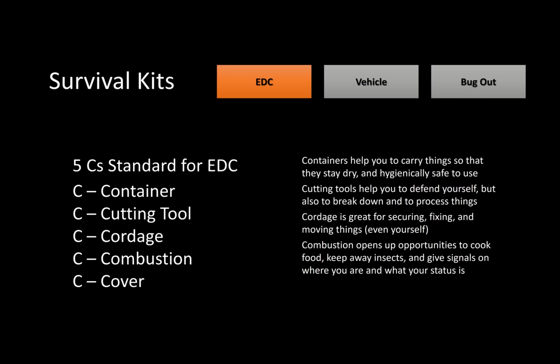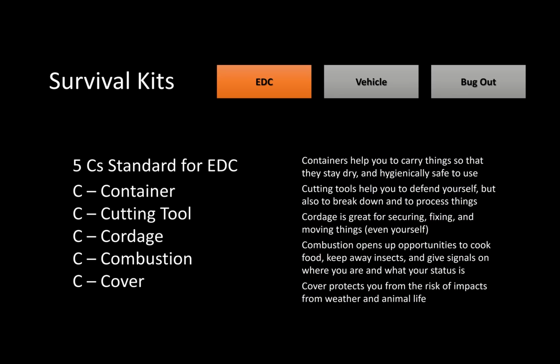Did you know that if you burn pine needles, that actually repels mosquitoes and stuff? Anyway, that's the side point. It also helps you to give signals on where you are and what your status is. And then cover protects you from the risk of impacts from weather and animal life.